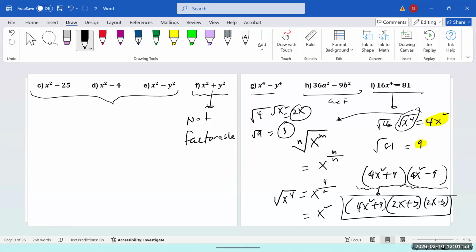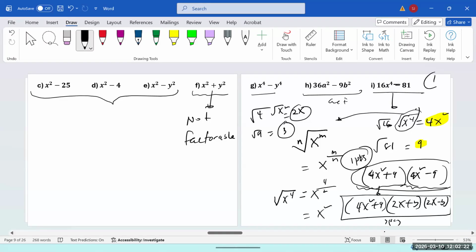So we have your 3 points. Now, if you give me this, I'm going to give you 1 point only. Why? Because you're missing 2 factors. So with this, you earn only 1 point. You lose more points. So make sure anytime you see difference of perfect squares, factor it more until you cannot factor anymore.